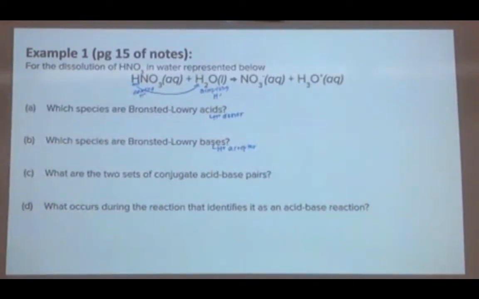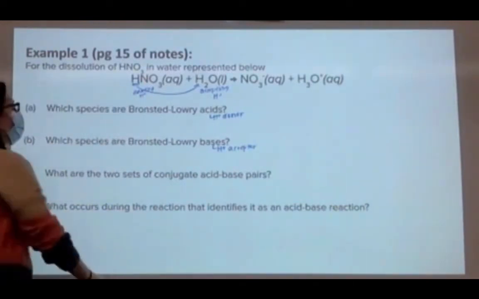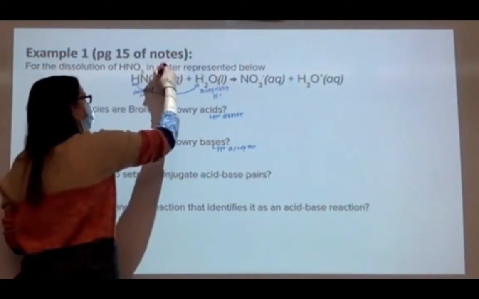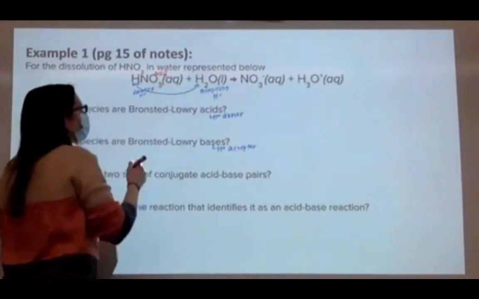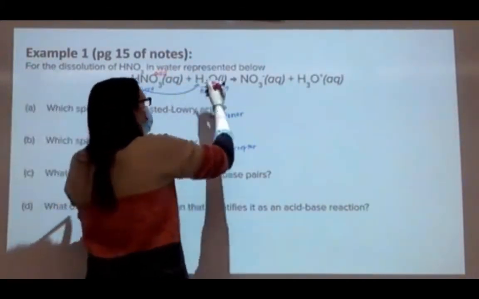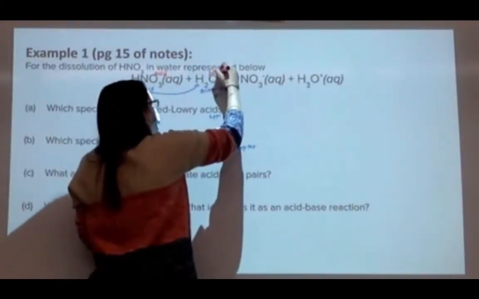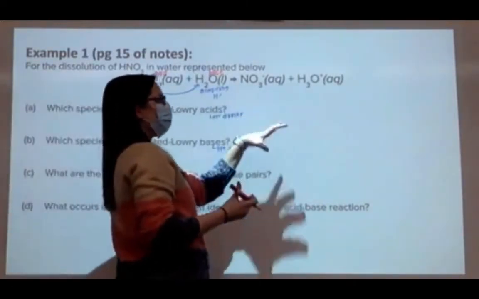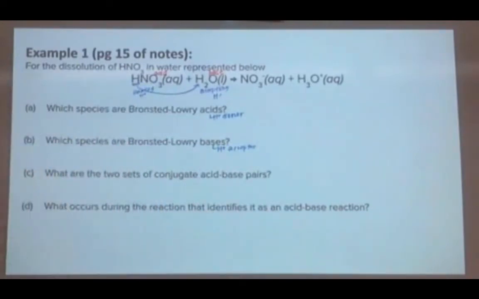So if I'm labeling, I see that HNO3 is donating an H+. That would make this an acid. H2O is accepting the H+. That makes it the base. You always have an acid and a base on each side of the arrow. But what we're going to have on the right side are what are called the conjugate acids and bases.